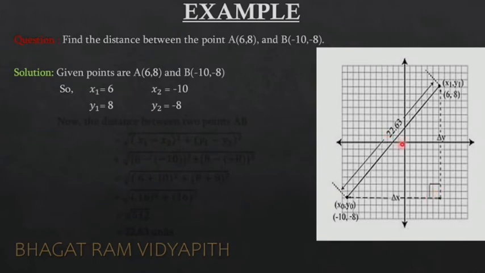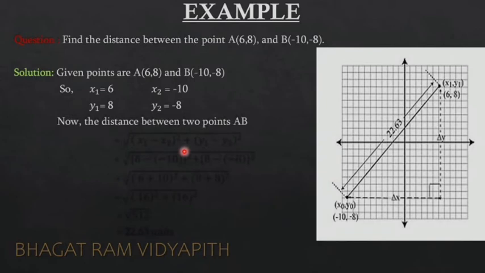From the origin, which is 0, we go 6 points ahead: 1, 2, 3, 4, 5 and 6. Similarly, y1 is 8, we go 8 points up. The points meet at this point, which is x1, y1. Similarly, x2, y2 is plotted here.